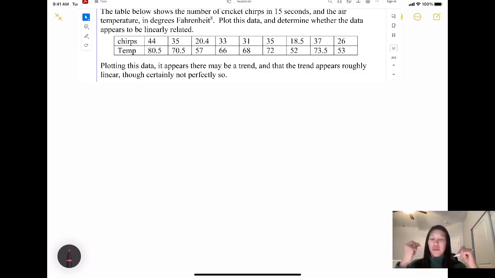If the temperature is 18.5 Fahrenheit, the cricket chirps 14 times in the time period. And if the temperature changes, the frequency of chirps will change as well. So how do we plot it? You can draw the data and plot it, or I'm going to introduce you to a website which is really useful in terms of predicting the data.